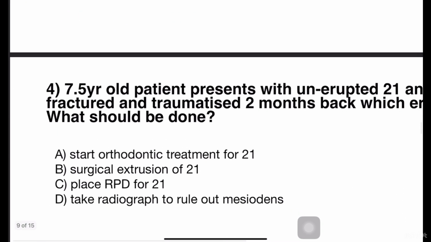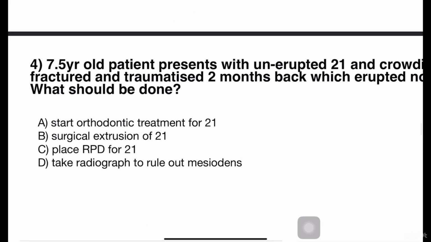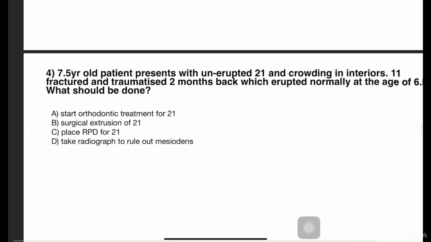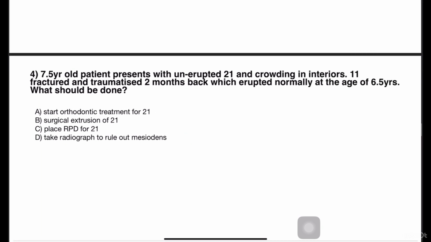Okay, next. A 7.5-year-old patient presents with unerupted 2-1 and crowding in anteriors. 1-1 is fractured and traumatized 2 months back, which erupted normally at the age of 6.5 years. What should be done?